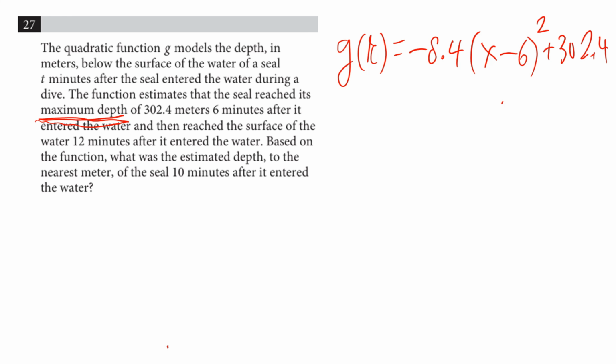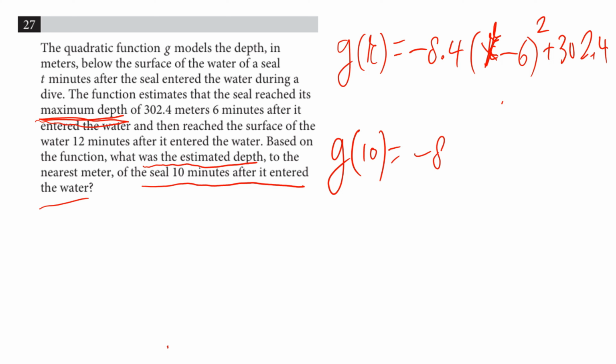Now, going back to the beginning, what did the question ask us to find? The estimated depth of the seal 10 minutes after it entered the water. So, we have to find the depth when t is equal to 10. Sorry, it has to be t here. We will just plug in 10 into the t that's been given.